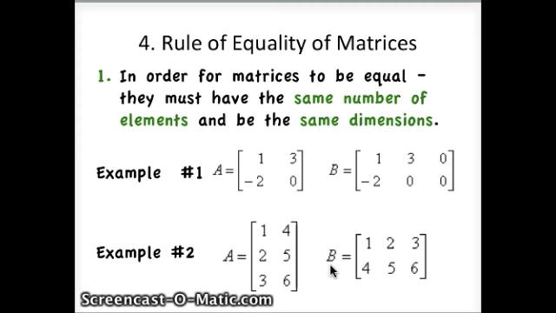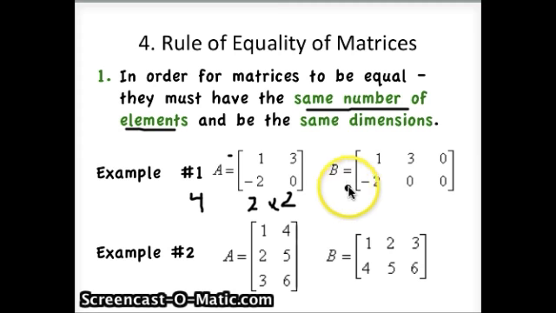In order for matrices to be equal, they must have the same number of elements. Remember, elements are the same as entries, same number of elements or entries, and be the same dimensions. So for example number 1, matrix A has 1, 2, 3, 4 entries, and it's 2 rows by 2 columns.